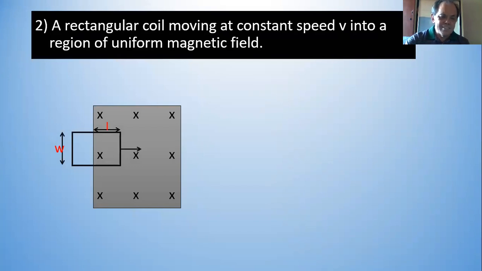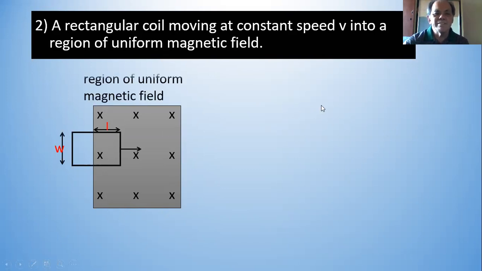Okay, let's look at how the flux change and how the EMF induced is also changed as the rectangular coil moves into the region of magnetic field at constant speed. This is your region of magnetic field. Go inside. This is the area that's inside the coil. That's the speed.